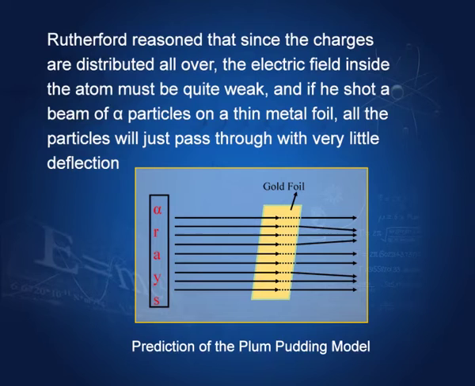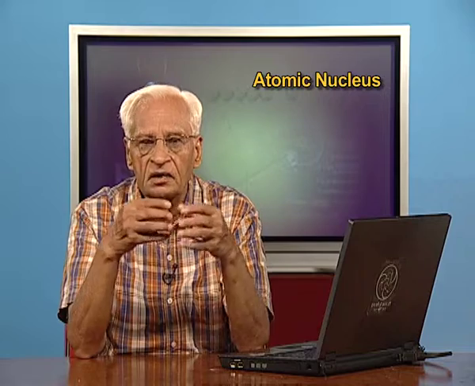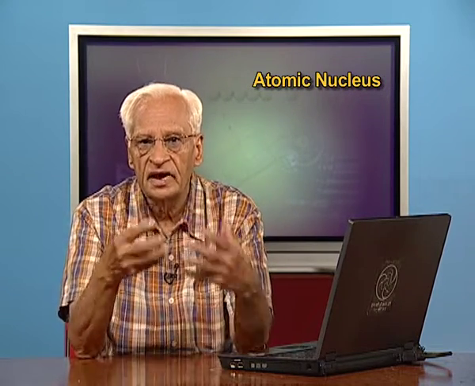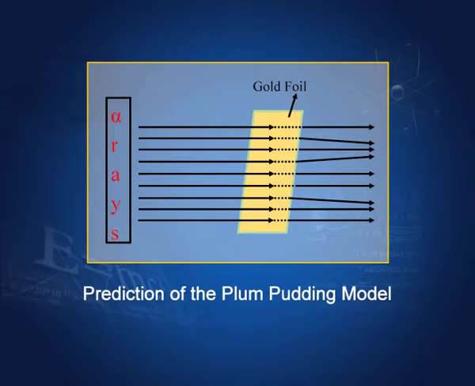Therefore, Rutherford thought that if I shoot a beam of alpha rays on a target, say a gold foil, then because the atoms are neutral and the electric field inside the atoms is weak, all these alpha particles will go through with very little deflection. A few of them would be deflected by very small angles.